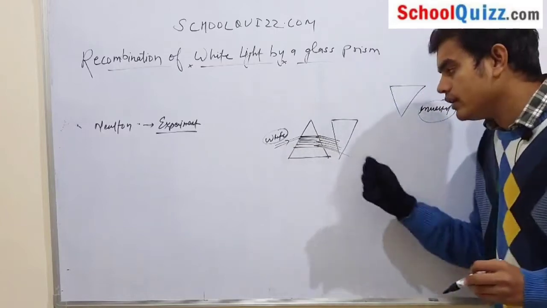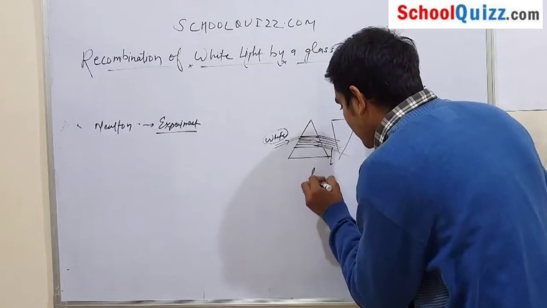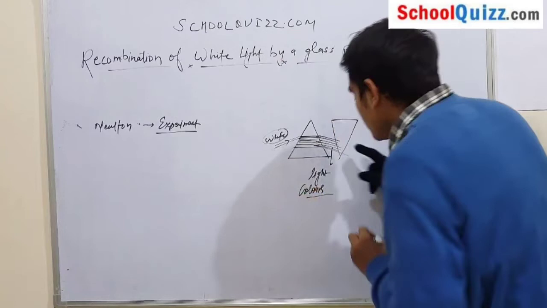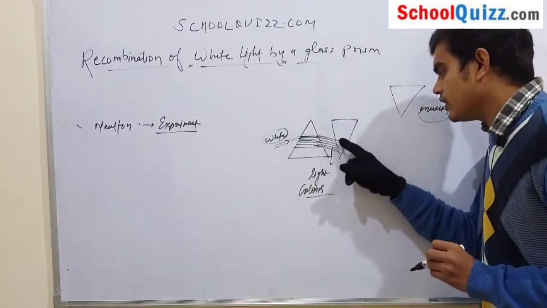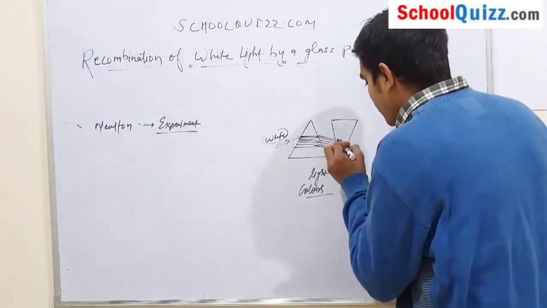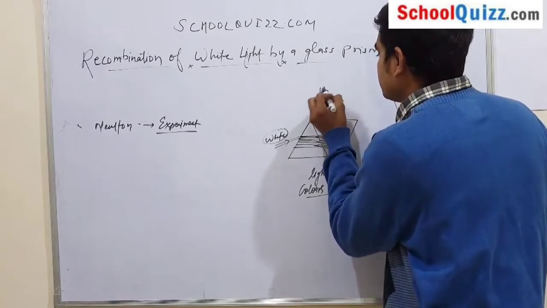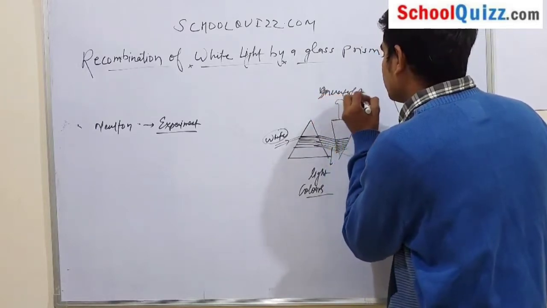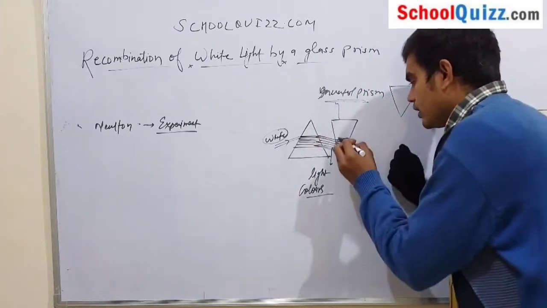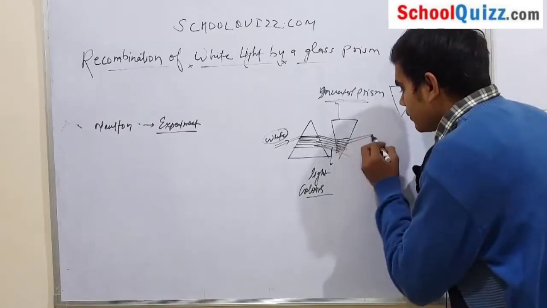And what he observed, that when the constituent light colors pass from a rarer to a denser medium, passing through this prism, then again refraction will occur and it will refract in the opposite direction, because this is an inverted prism. Okay, now these constituent colors, after passing through the prism, will again merge and become white light.